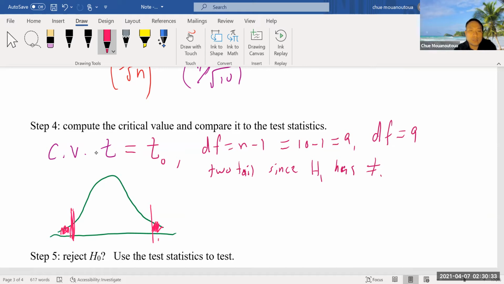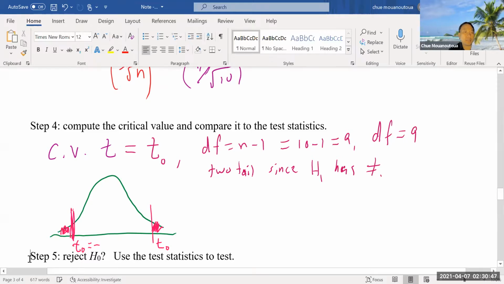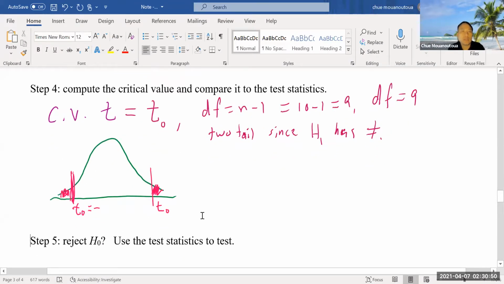So this will be your t sub 0, and it's also your t sub 0, which is a negative. So in two-tailed tests, we have one positive and one negative. In the two-tailed test, if we have the z-score we have a negative z and positive z; in this case we have t, so we use negative t and positive t. Left tail is a negative number, right tail is a positive number.